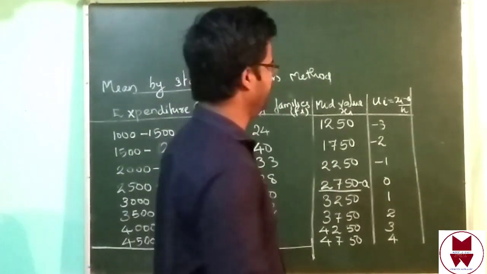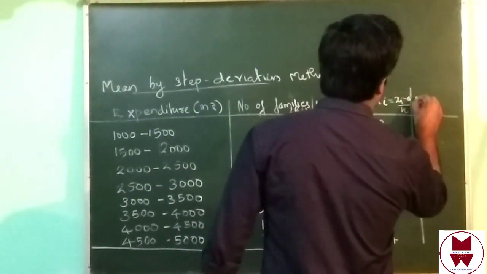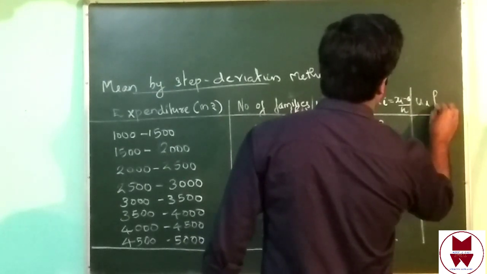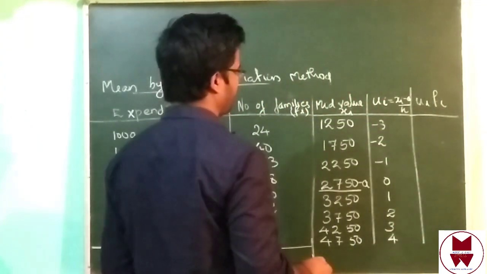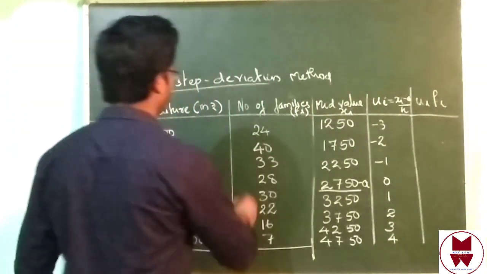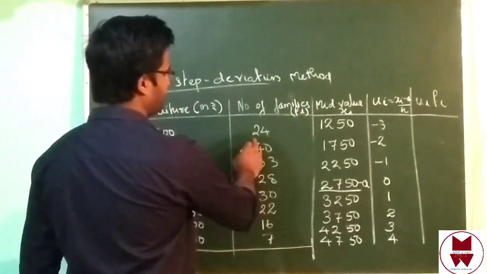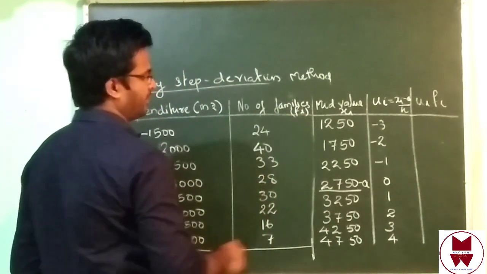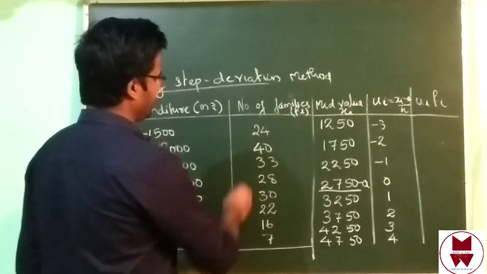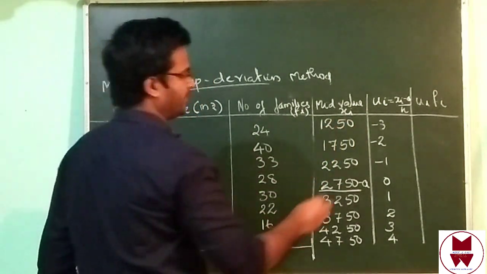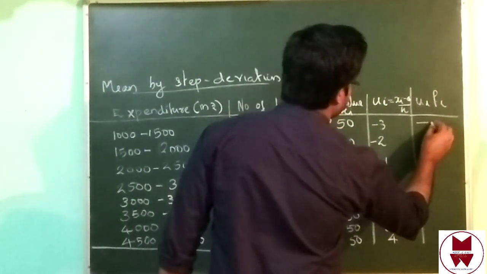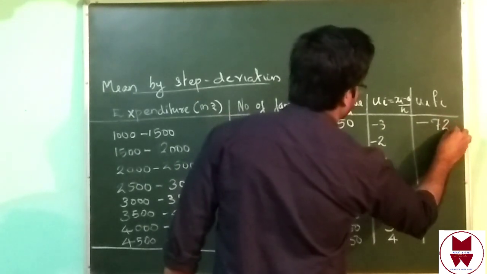Next column we can write ui fi. Then multiply this fi, the number of families, with ui, which we already got. 24 into minus 3 will get minus 72.